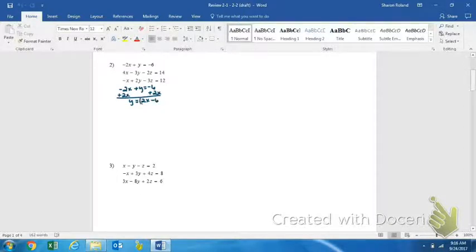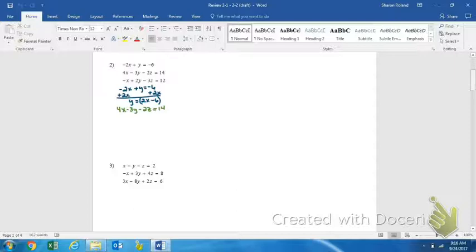And I can plug this into both of the other equations and solve for all three variables. So first I'm going to plug it into the second equation, which is 4x minus 3y minus 2z equals 14.